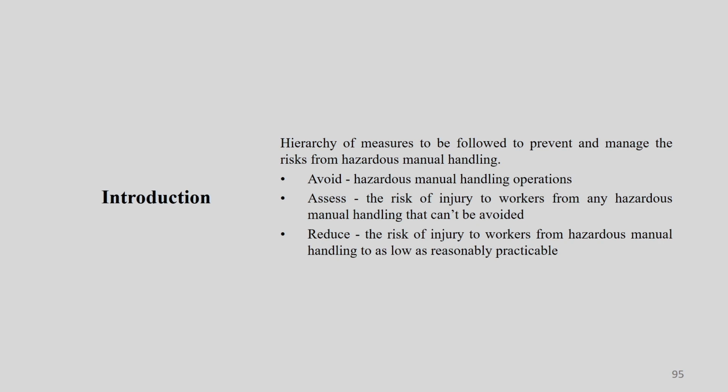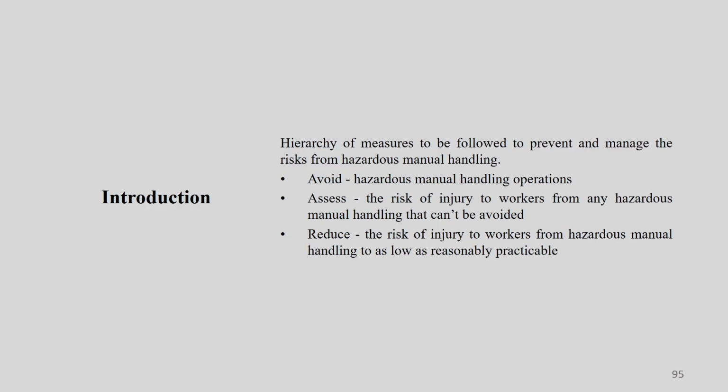We are going to assess the risk of injury to workers from any hazardous manual handling that cannot be avoided. First we try to avoid manual handling; if there is a situation where we cannot avoid it, we need to assess what risk of injury is there.